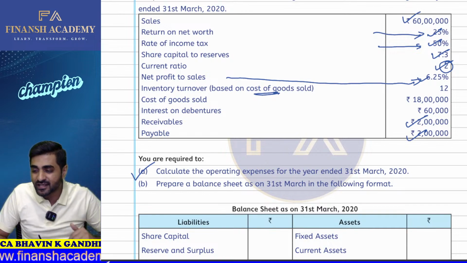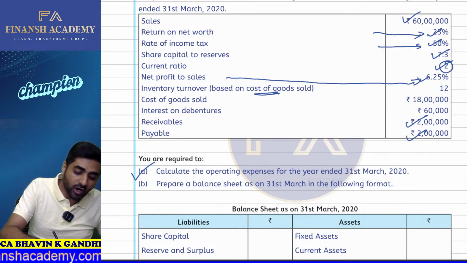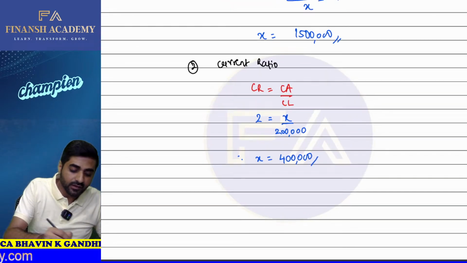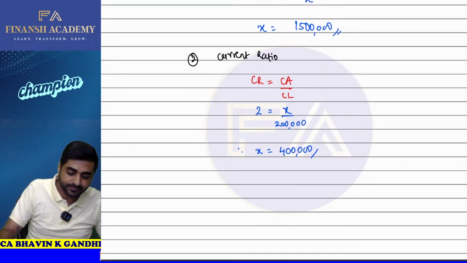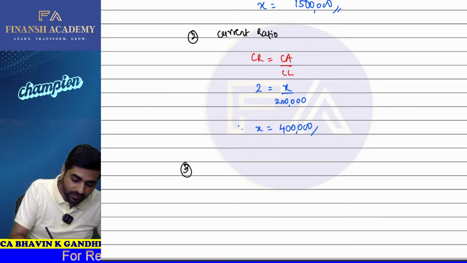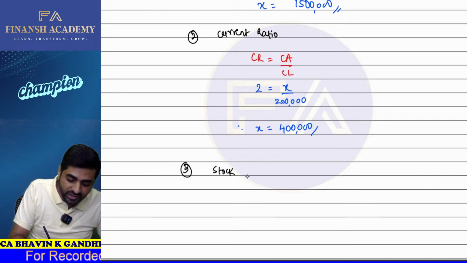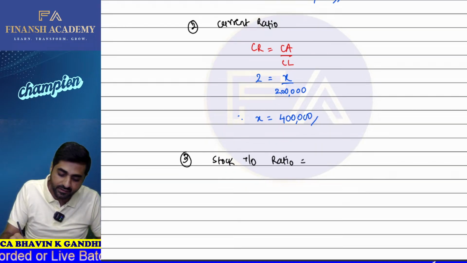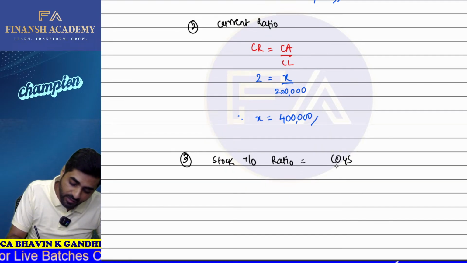All right. So in this particular case, what will be your stock turnover ratio? So stock turnover ratio will be nothing but COGS upon closing stock.